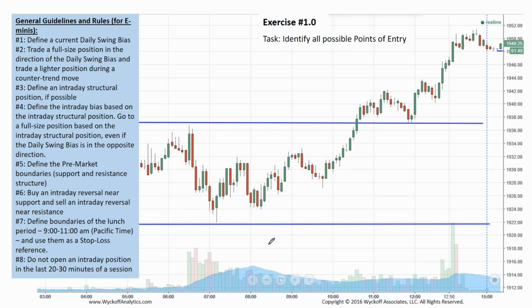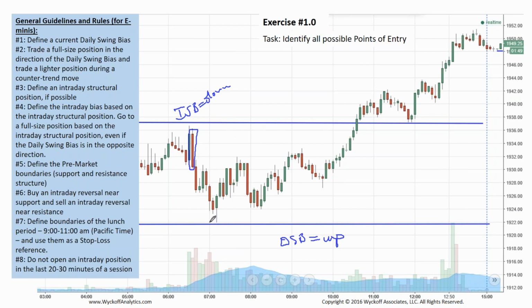You can do that, especially with the directional buys. Let's say that the intraday structural buys at the beginning of the session is down, but then the daily swing buys is up for the rest of the session. Then basically I'm going to do this.